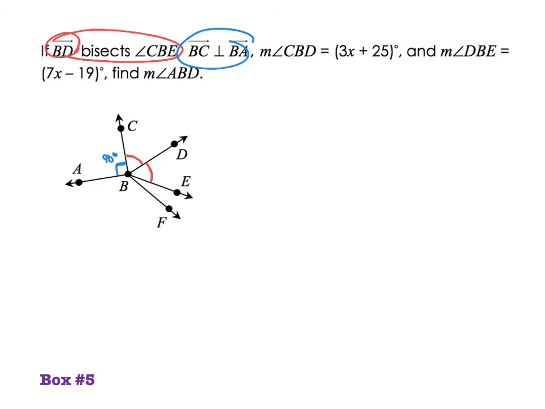All right. The next piece says measurement of CBD, this right here, this whole thing, keep in mind we're talking about the two red arcs put together, is equal to 3x plus 25.